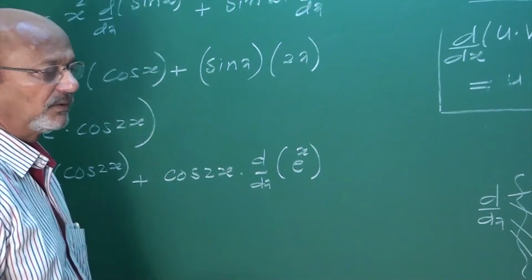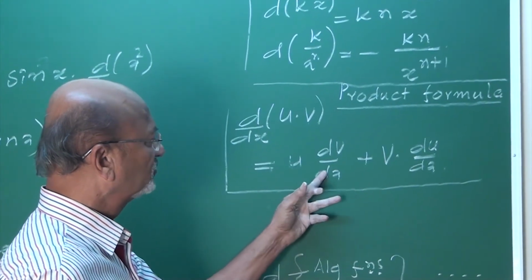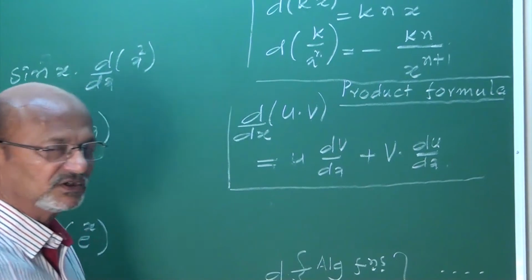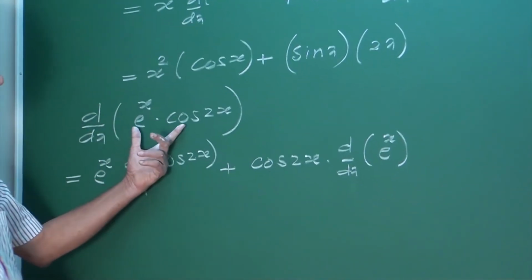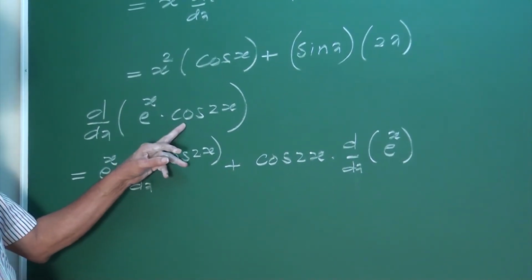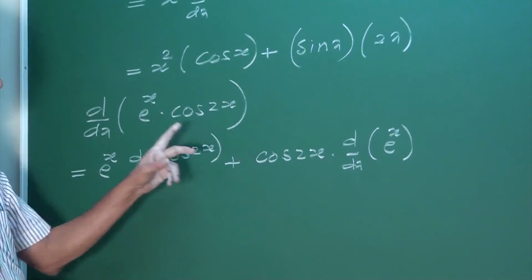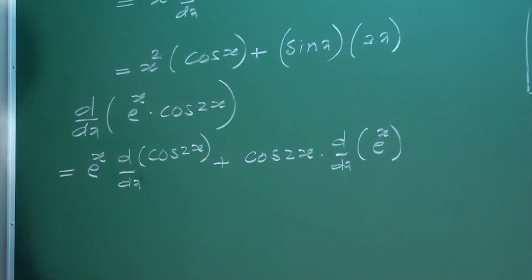My friends, what is applied here? The product rule: first as it is, derivative of second, plus second as it is, derivative of first. That formula is written, then you have to write the derivatives.